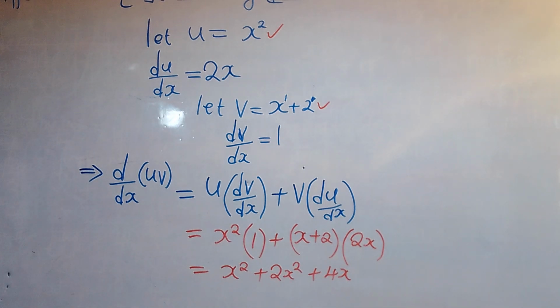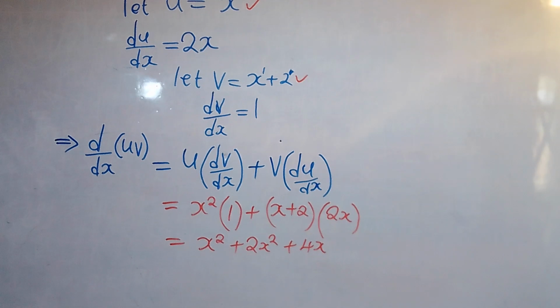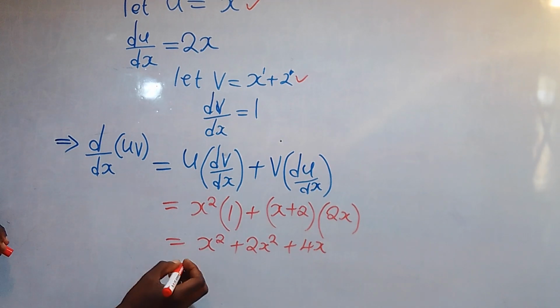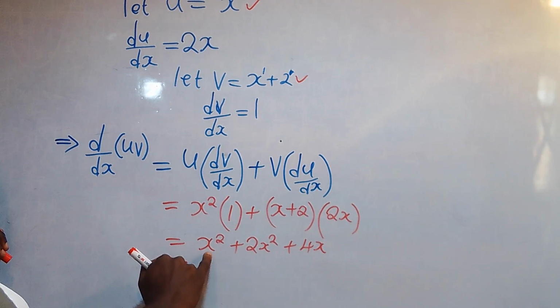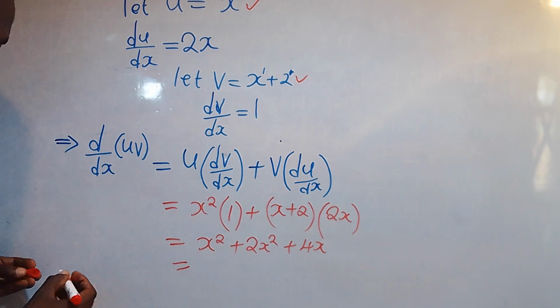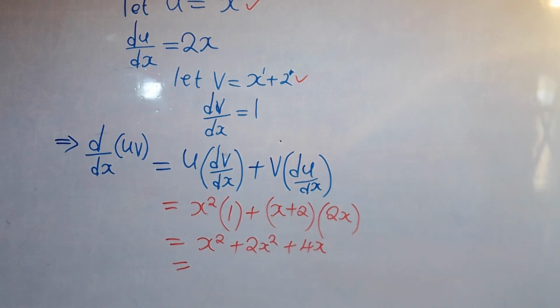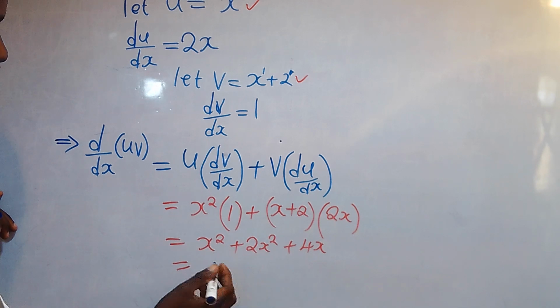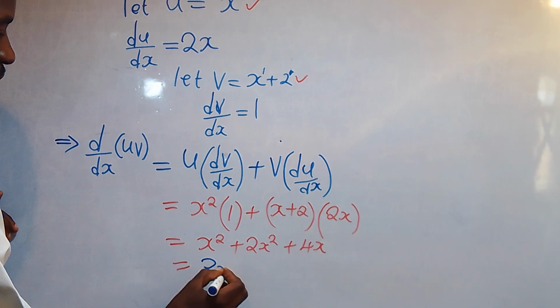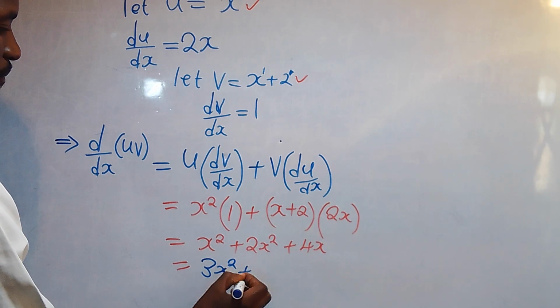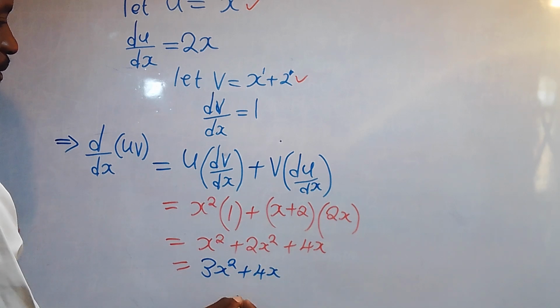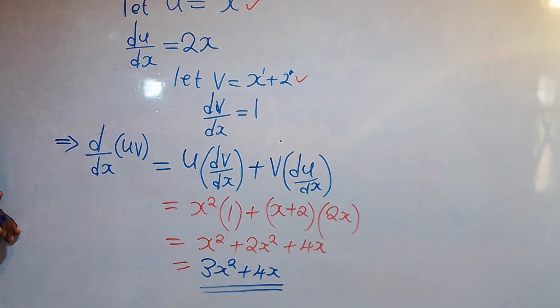We can now conclude that these are like terms, so we can add them together, and x squared plus 2x squared gives us 3x squared plus 4x. So now that is the final answer.